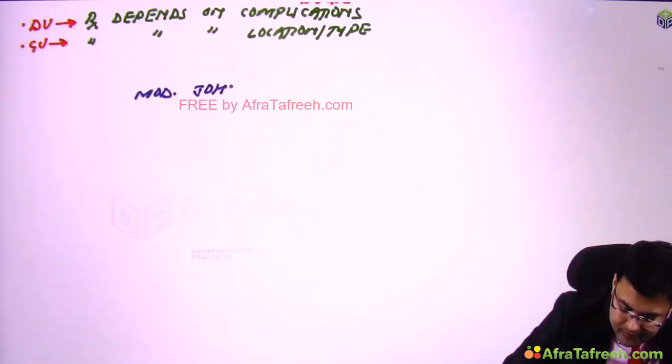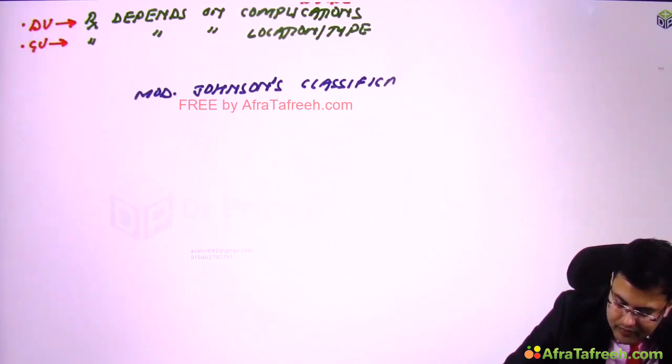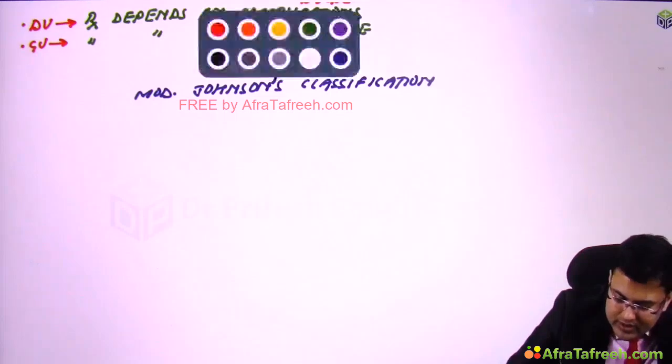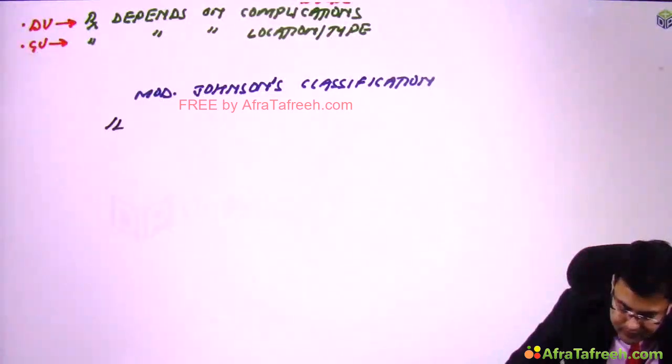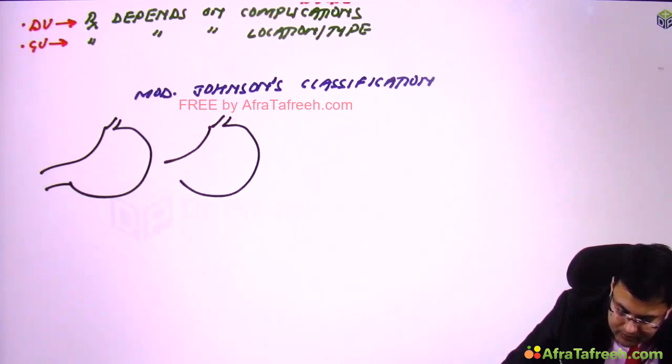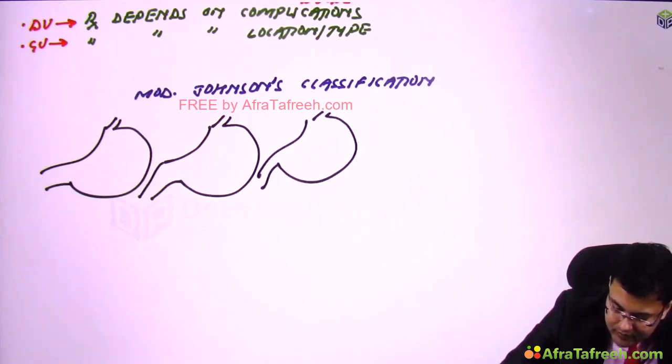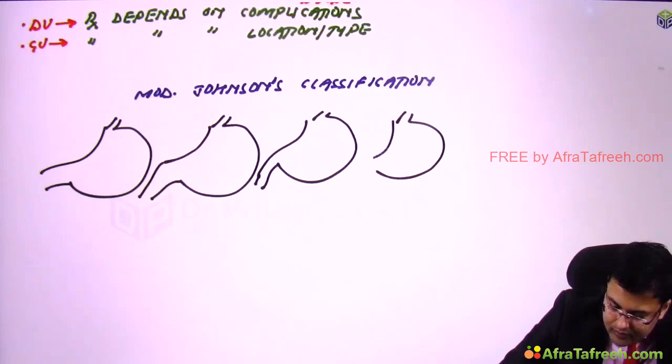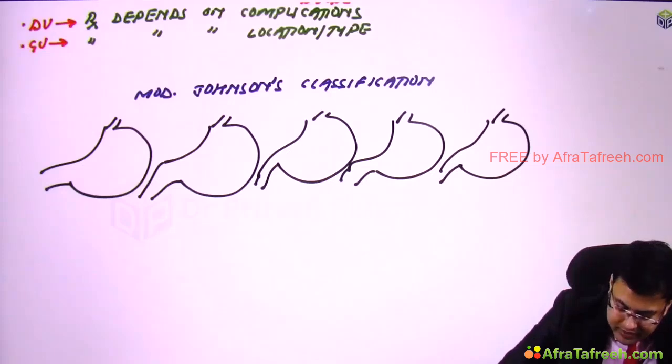Modified Johnson's classification. Now see what the types are. This is the stomach. This is incisura angularis.